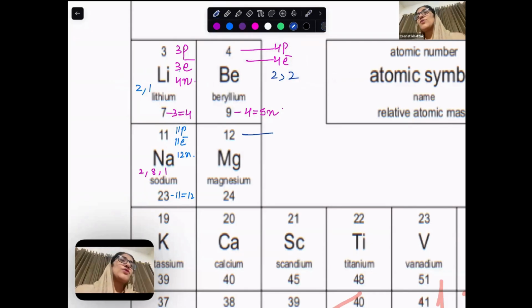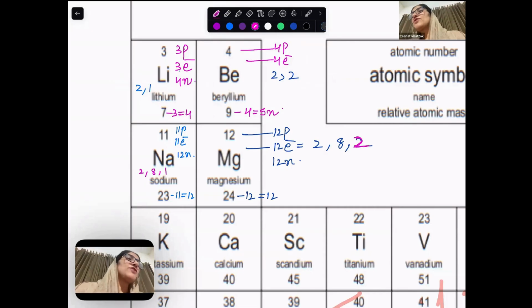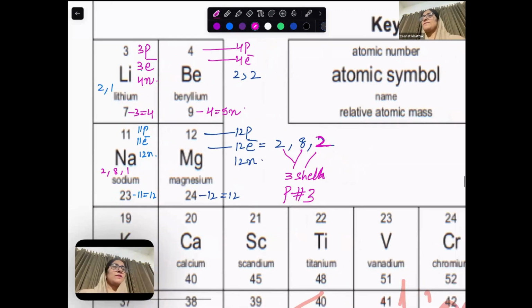Magnesium: 12 protons, 12 electrons, 24 minus 12, 12 neutrons. How are the electrons arranged? 2 in the first, 8 in the second, 2 in the last. So the group number is 2, but since there are 3 shells, the period number is 3. See?